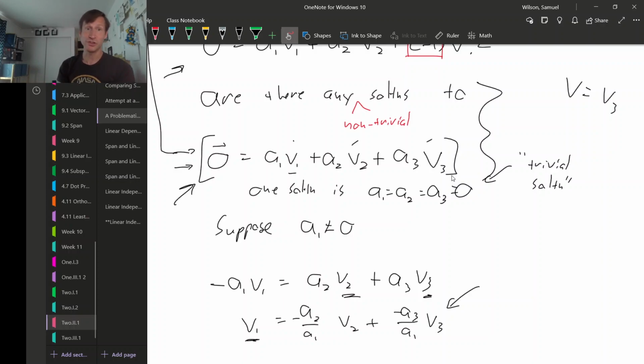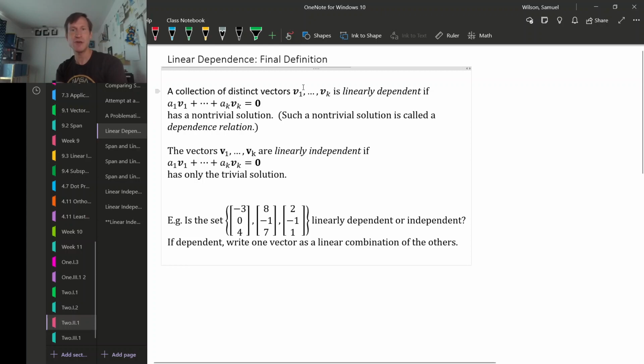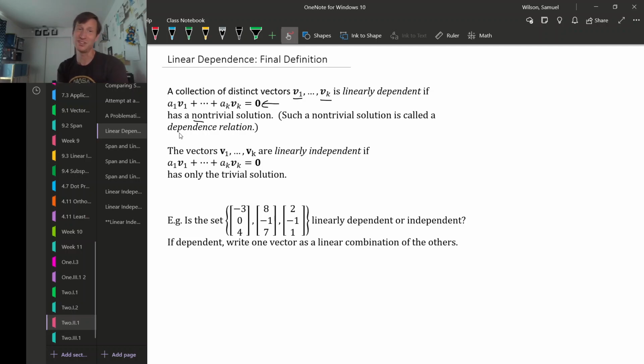So that's what we'll do. We'll discard our old definition of linear dependence and replace it with this. If we have a collection of distinct, that is to say different, vectors v1 through vk, we'll say that this collection is linearly dependent if this equation has a non-trivial solution. A non-trivial solution is called a dependence relation or dependence relationship.